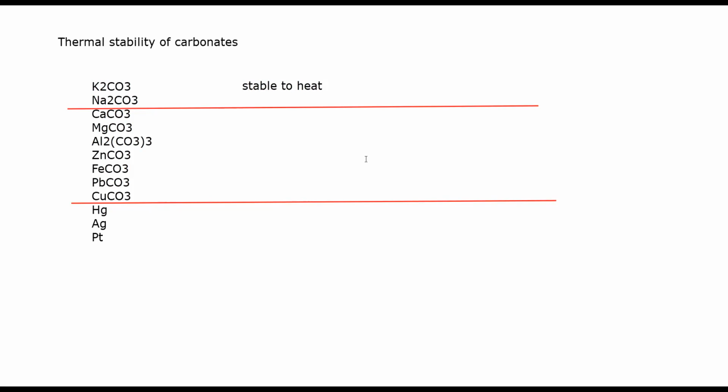From calcium till copper, again, it's easy to remember from C to C, starting with calcium, ending at copper. And what will be the product when we supply heat energy to these carbonates? This will result in a formation of metal oxide plus carbon dioxide.